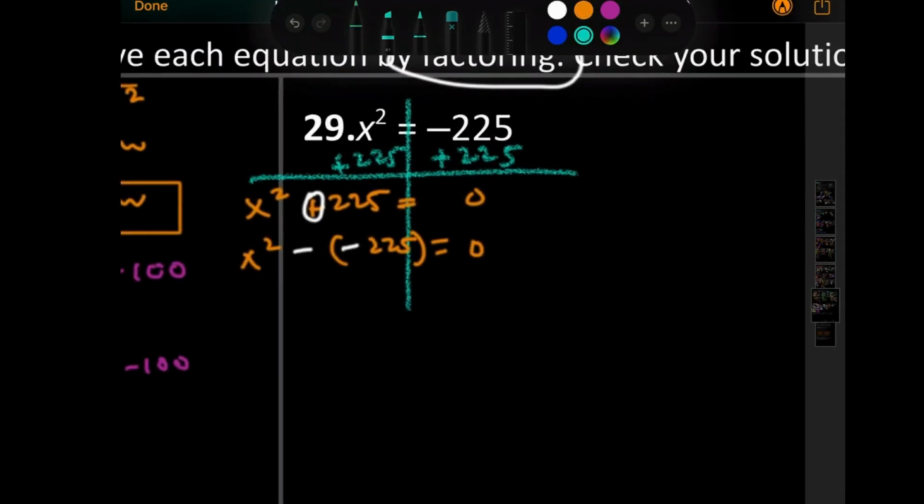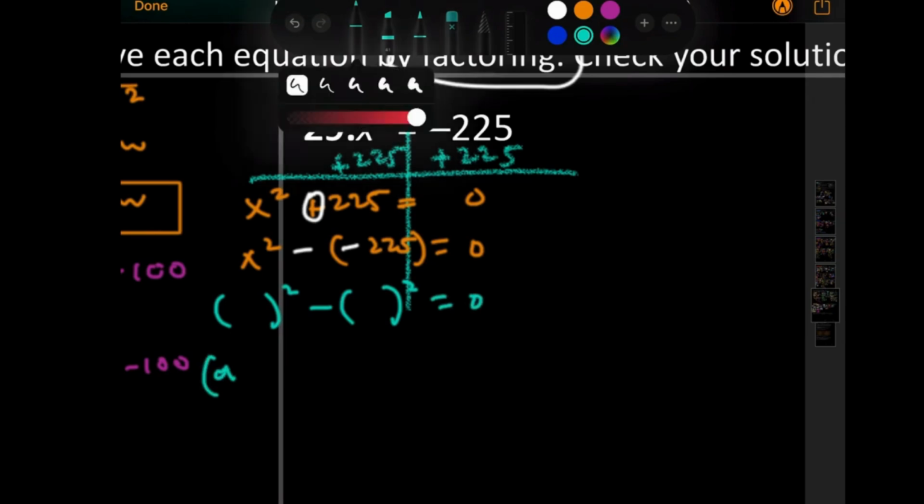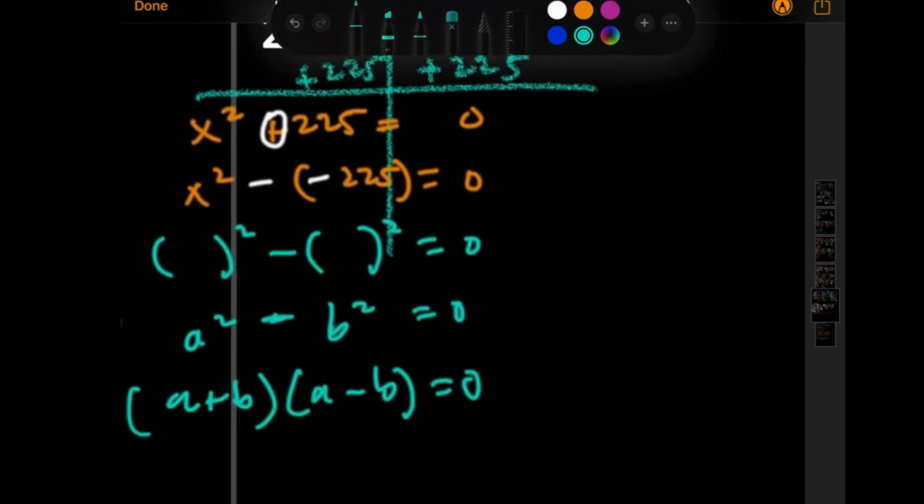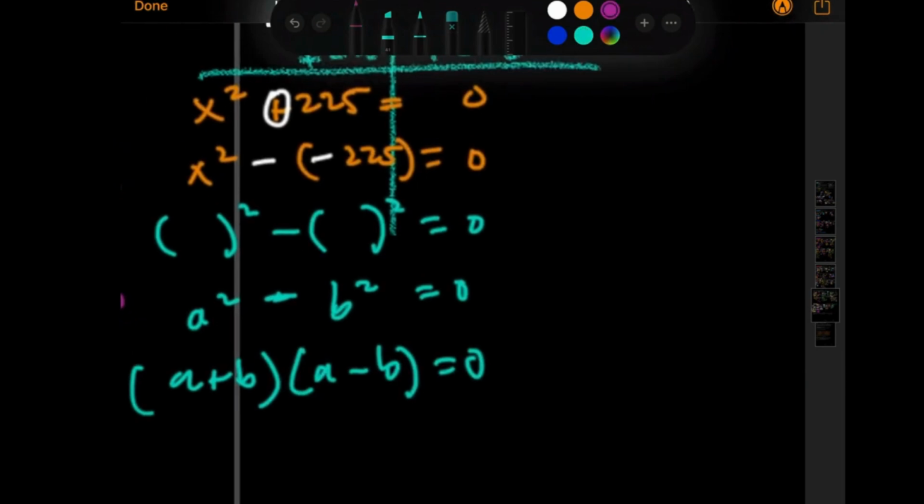We're trying to find something squared minus something squared because this is the formula: a squared minus b squared equals 0, and that'll turn into a plus b, a minus b. So I guess you can call it b squared equals negative 225.